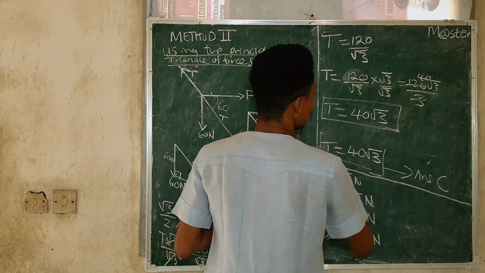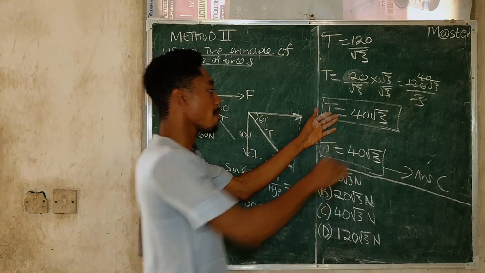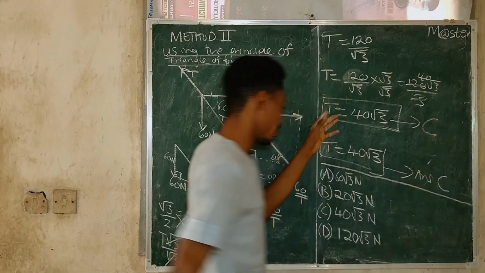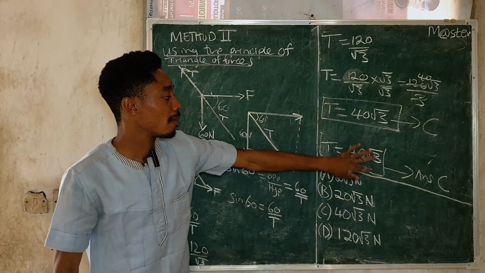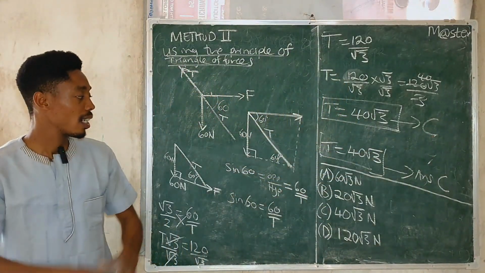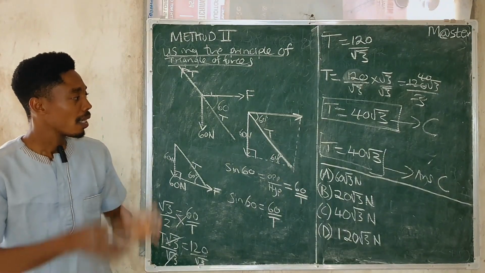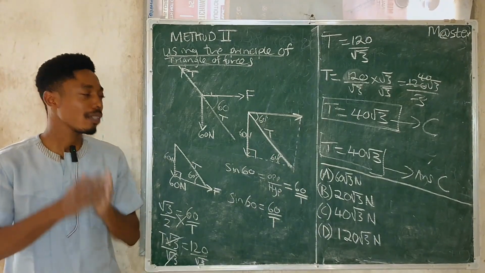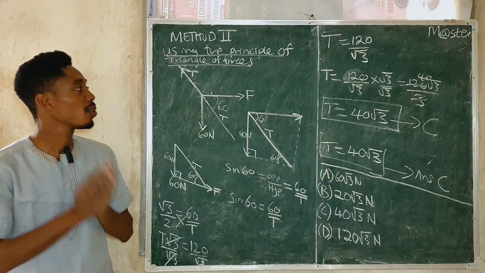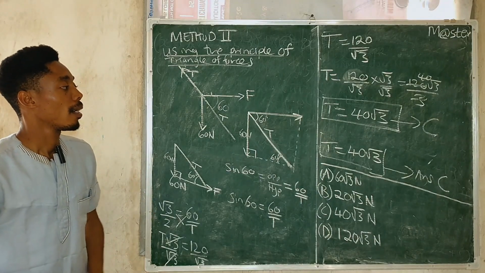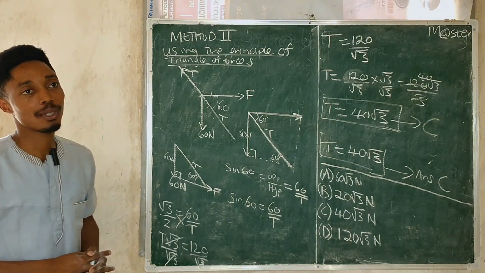So you can see either by using Lami's theorem, our answer is C, or using triangle of forces, our answer is still C. So this is how we can solve this question simply using Lami's theorem and triangle of forces.